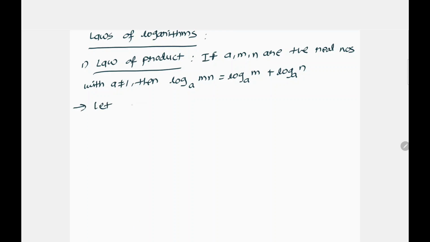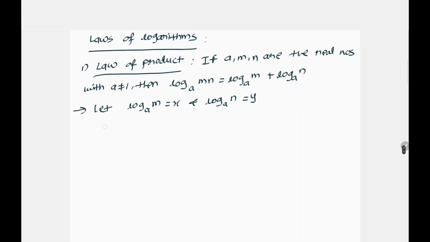So proof, let log m to the base a is equal to x and log n to the base a is equal to y. So therefore, by definition of logarithm, we have m is equal to a raised to x and n is equal to a raised to y.